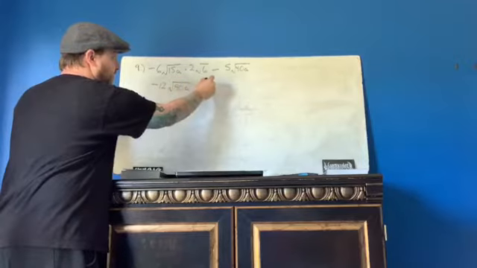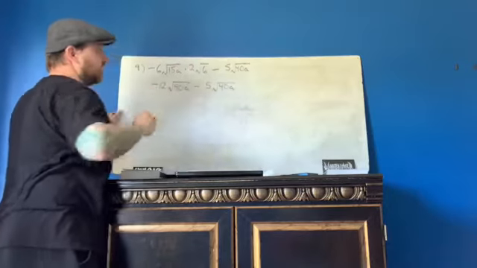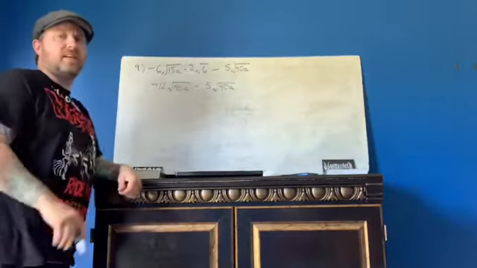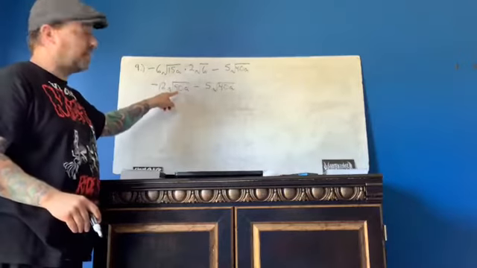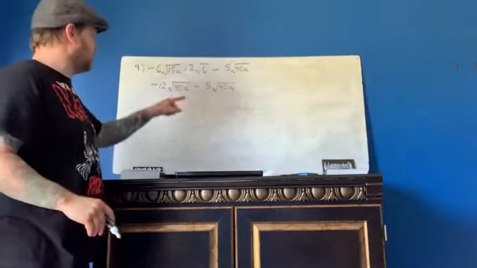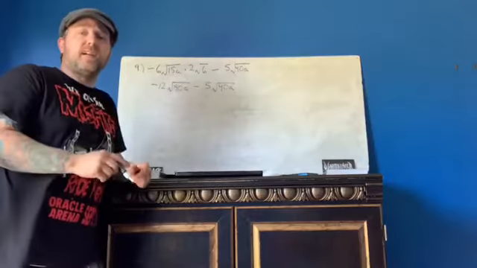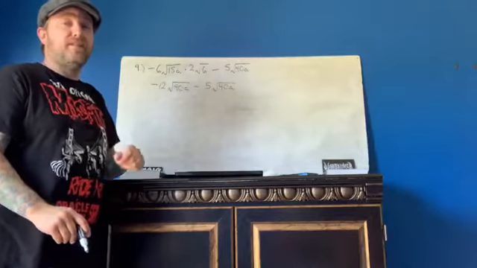minus 5 times root 40a. Still aren't like radicals though. But there's a perfect square here and there's a perfect square there. What's the perfect square that goes into 90? 9. What's the perfect square that goes into 40? 4.